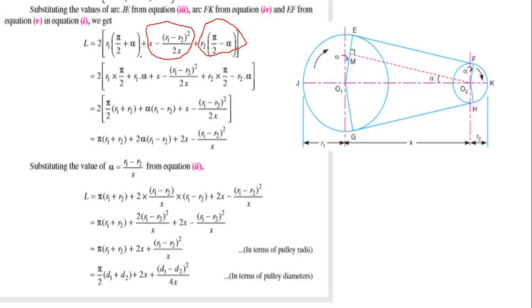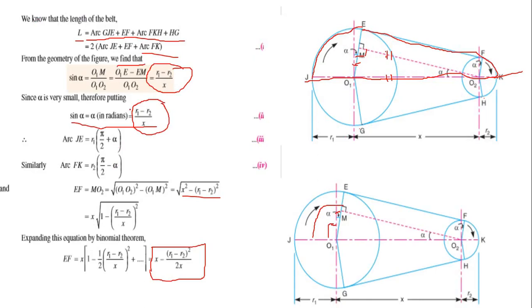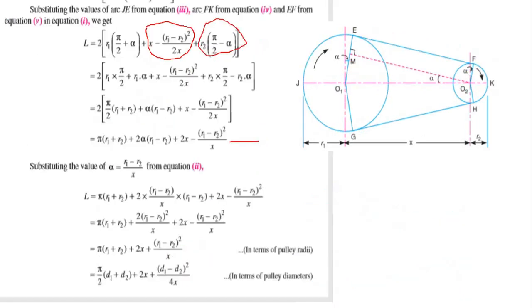After solving these equations, multiplying with each other, we get this equation. If you put the value of alpha from equation number 2, alpha is equal to R1 minus R2 by X, we get this equation, and after solving, L is equal to this.